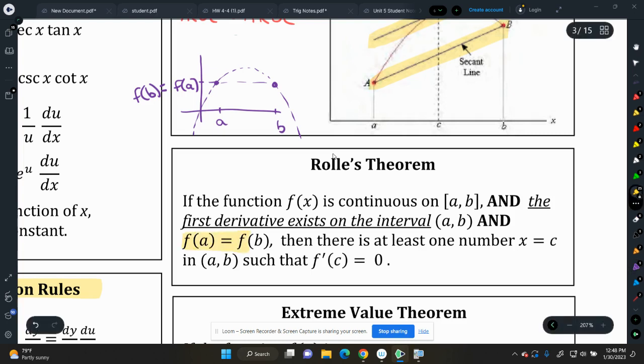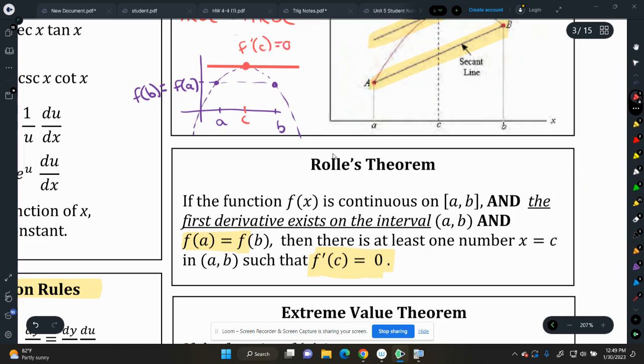It says there must be a value c between a and b such that f prime of c equals 0. Can you see a point where that's true? Yeah. Okay, I love the way you just said that, because if that's the case, right, here's that c value where f prime of c equals 0.